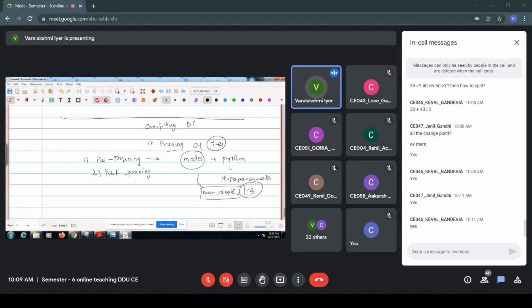That is, I'm stopping the creation of the tree before it overfits the data. I'm setting a stopping criterion myself, that the maximum depth should be 3, so beyond that the tree should not grow. So before the data set overfits the model, I'm stopping it. That is the pre-pruning step that we can do in decision tree learning.